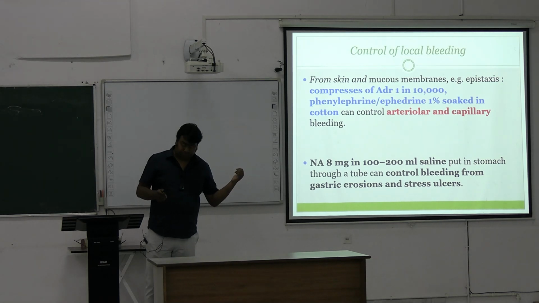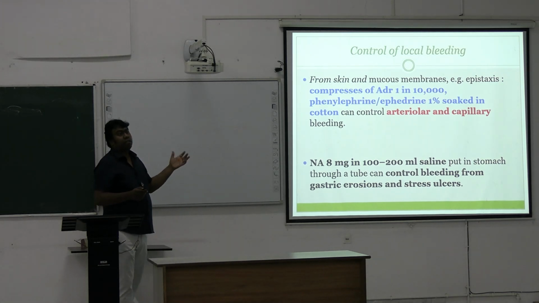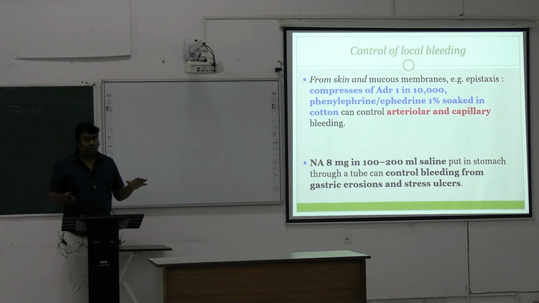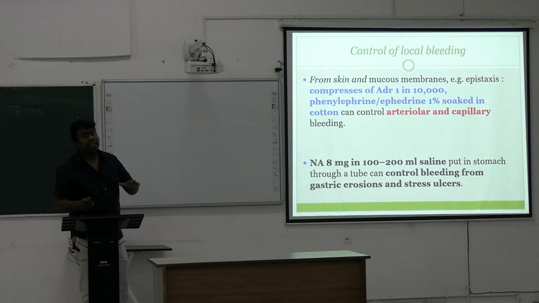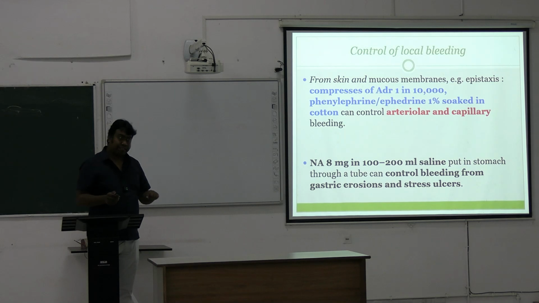In case of epistaxis, to control capillary bleeding or arteriolar bleeding, 1 in 10,000. In case of anaphylaxis, 0.5 mg, which route? Intramuscular, not intravenous or subcutaneous. Clear?